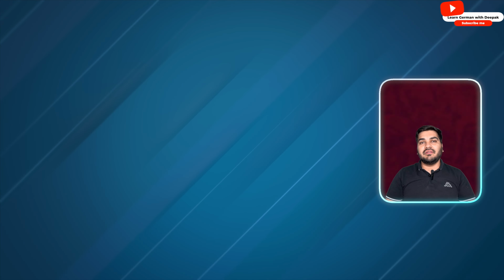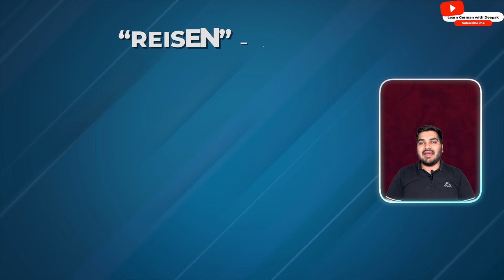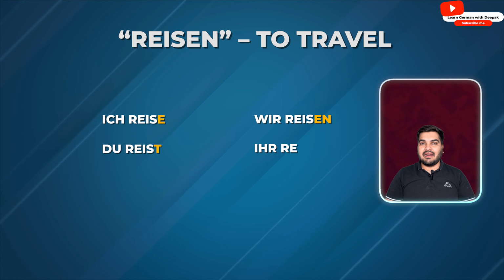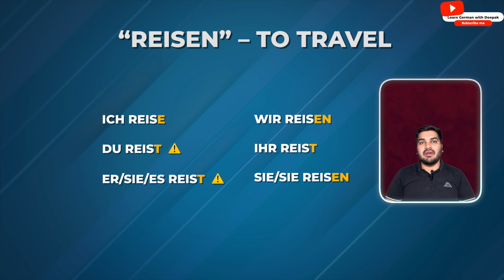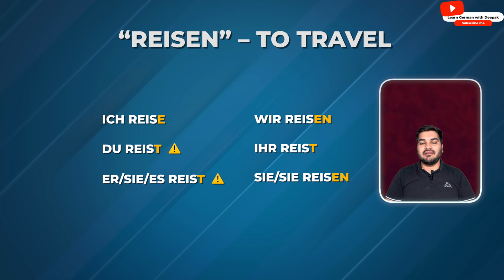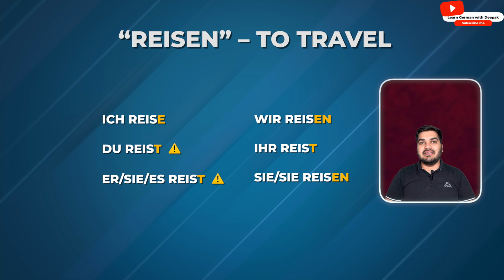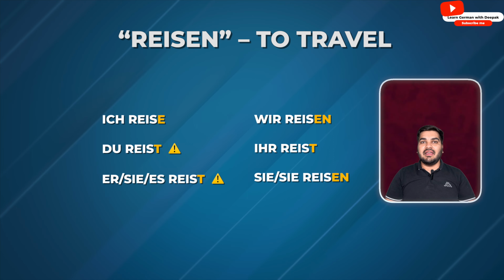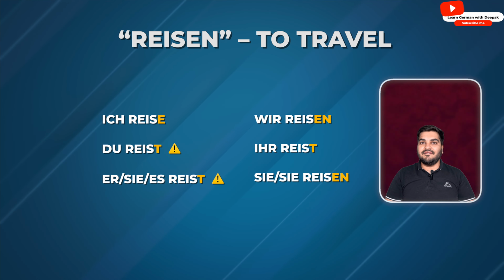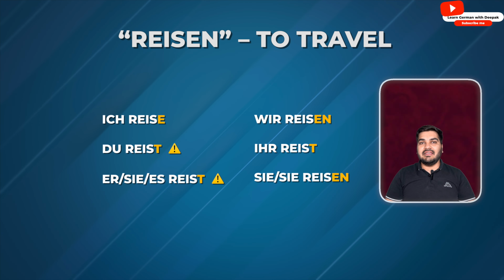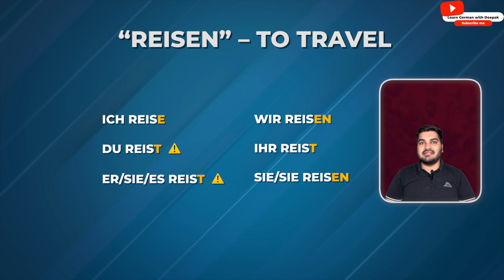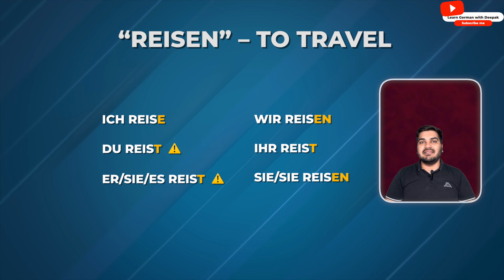For example, the first verb we have is reisen. Ich reise, du reist, er reist, sie reist, es reist, wir reisen, ihr reist, Sie reisen, sie reisen.